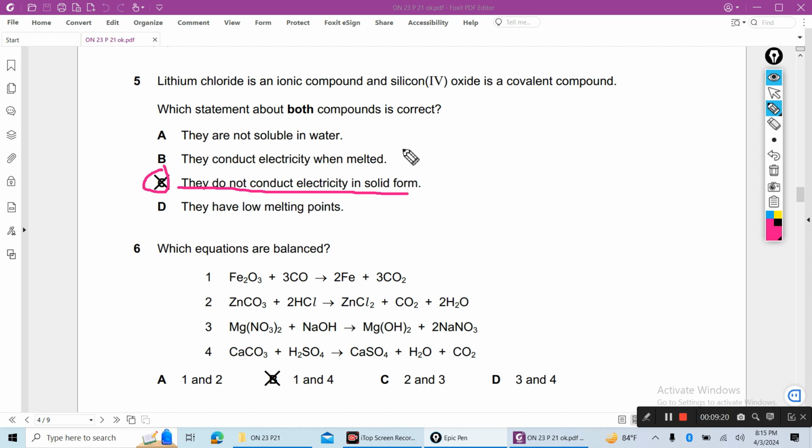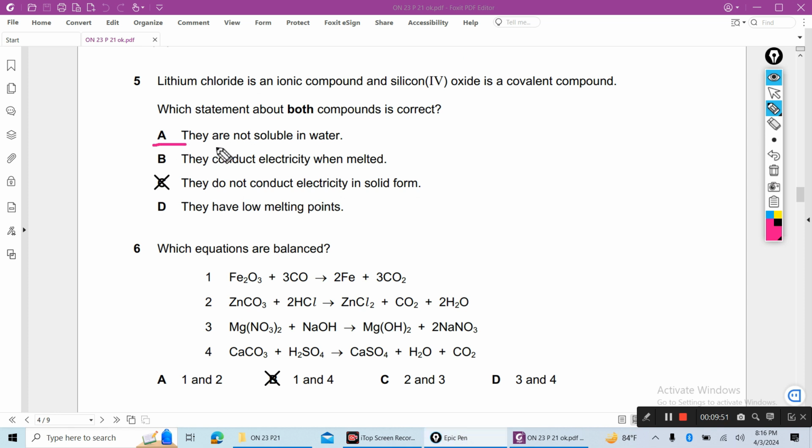This is true because ionic compounds in solid state do not conduct electricity, because in solid state the ions are in fixed positions, they cannot move. And also silicon dioxide is a giant covalent solid and that does not conduct electricity because there are no free electrons or ions here.